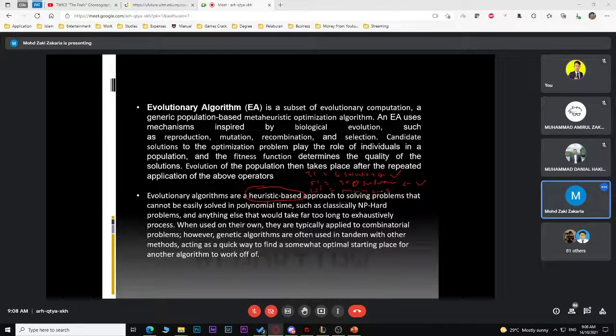So because time is a constraint here, we need to introduce the heuristic base.